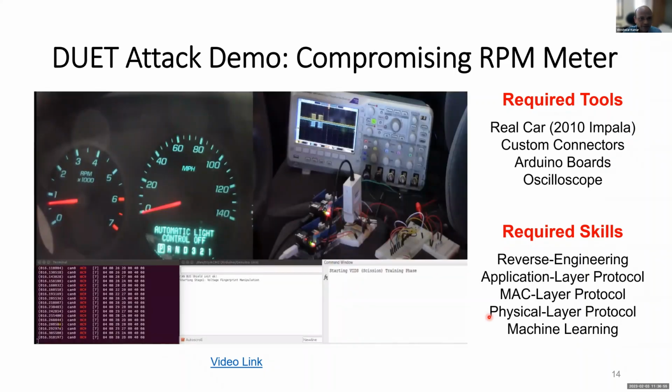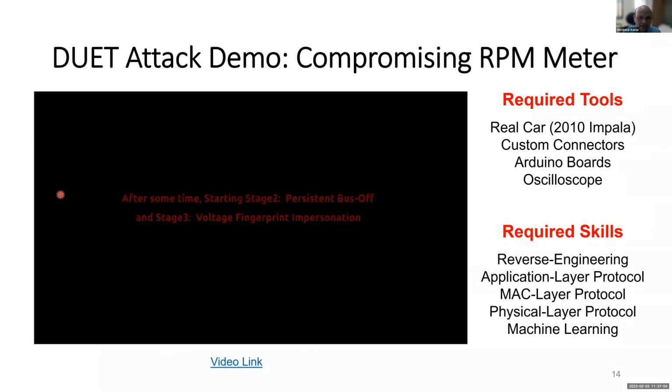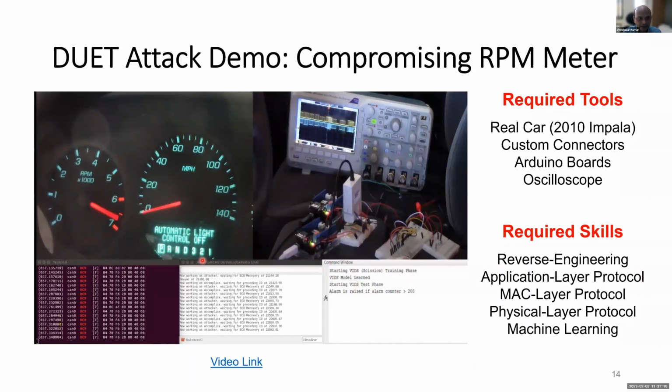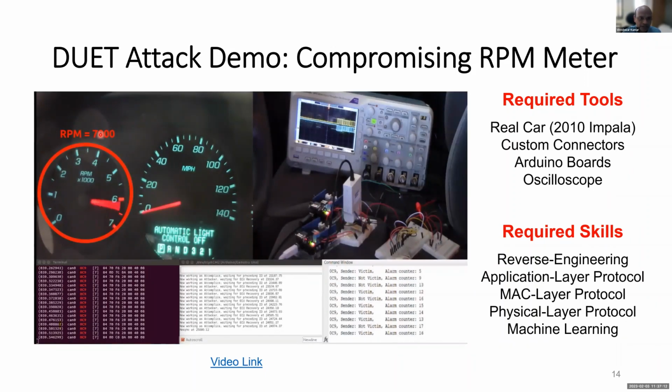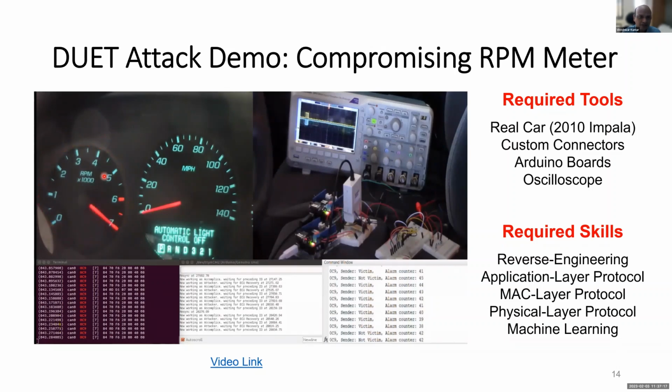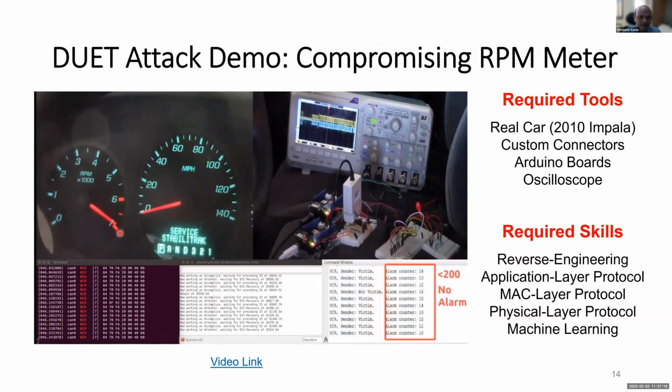Okay, so now in the first stage of the attack, where the attacker is learning how to launch the attack, you don't see any change. It is still 700 revolutions per minute, but the attacker is being trained to launch an attack. And when the attack is launched, you see that the dashboard starts to show some numbers. 7,000 revolutions per minute is something that is typically not possible in these kinds of old cars, at least.